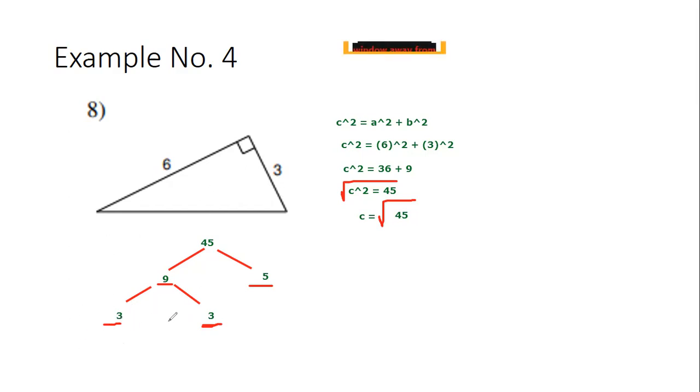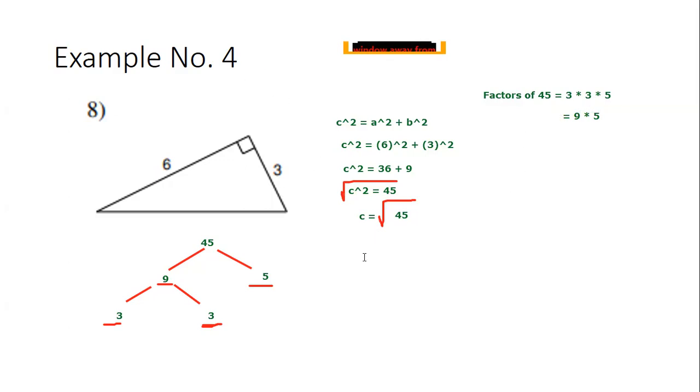And the factors of a prime number are the number itself and 1. So we can say the factors of 45 are 3 multiplied by 3 multiplied by 5, or we can say the factors of 45 are 9 multiplied by 5. That's also the same.